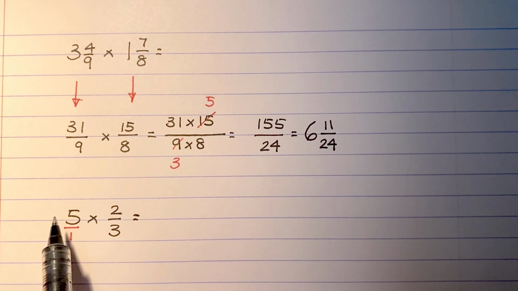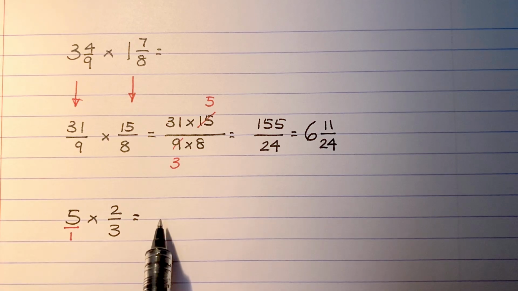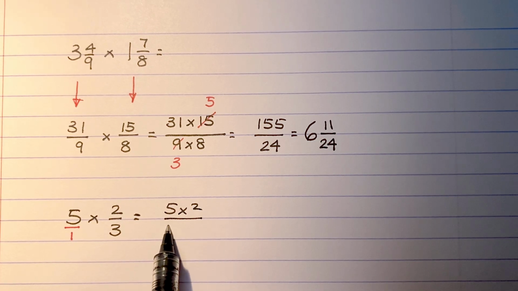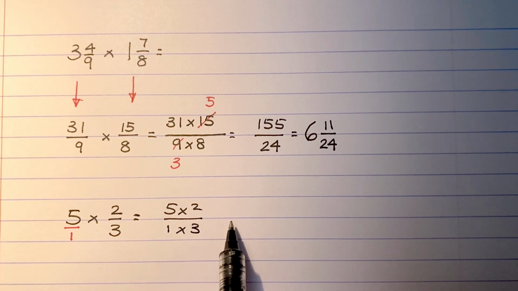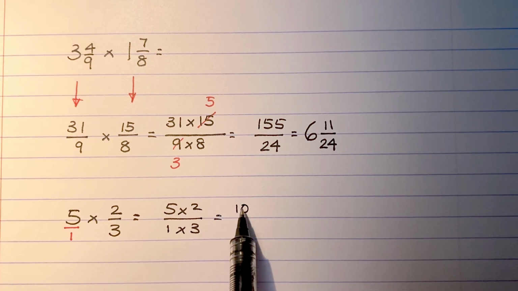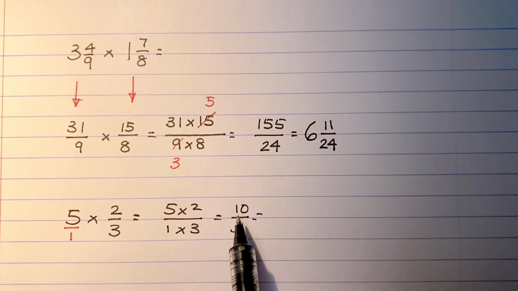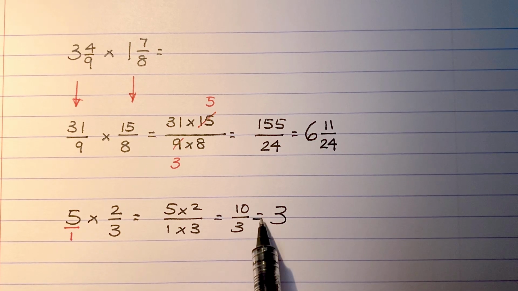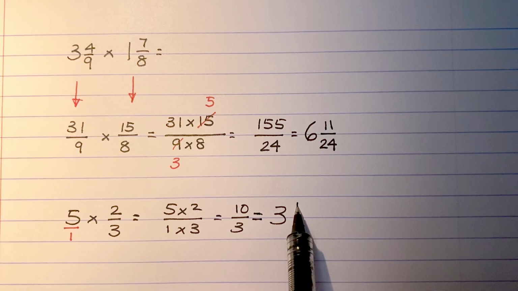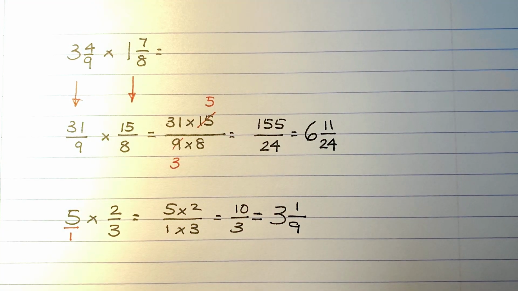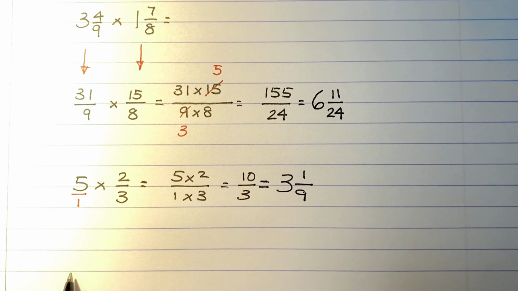So 5 can be written as 5 over 1. So 5 times 2, 1 times 3. That's 10 over 3, because nothing cancels here. 3 into 10 goes 3 times, and 1 left, because 3 times 3 is 9.